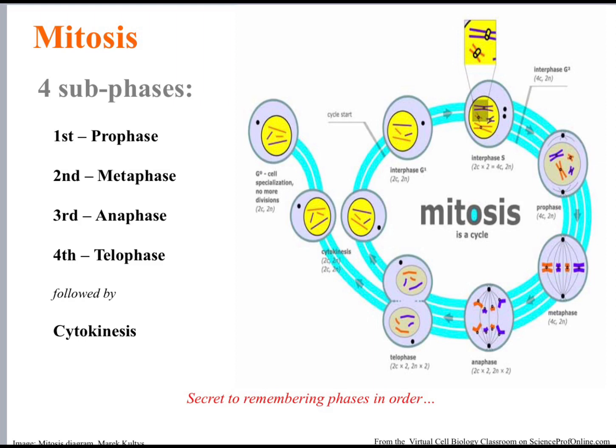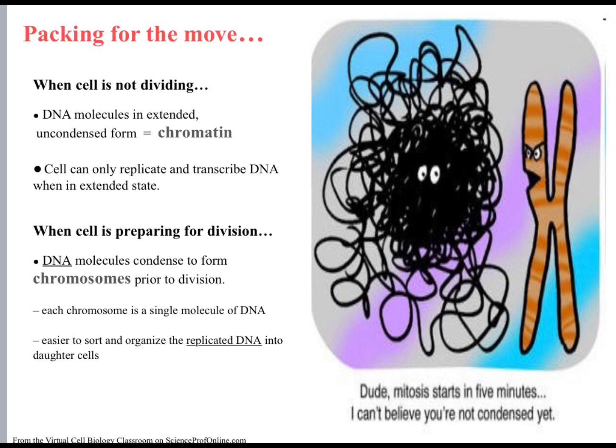Next are the four subphases: prophase, metaphase, anaphase, and telophase, and of course to be followed by cytokinesis. When a cell is not dividing, DNA molecules are in an extended form called chromatin. A cell can only replicate and transcribe DNA when in the extended state.